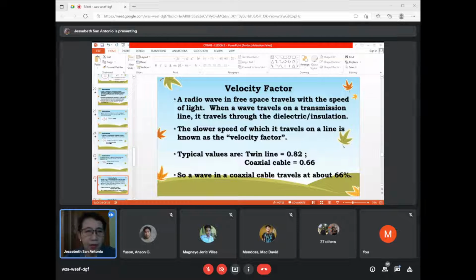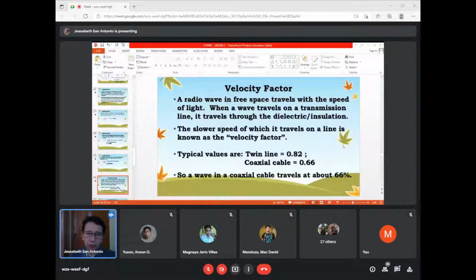So it interferes with the movement of the signal. And since it interferes, the propagation of the signal along the transmission lines slows down.